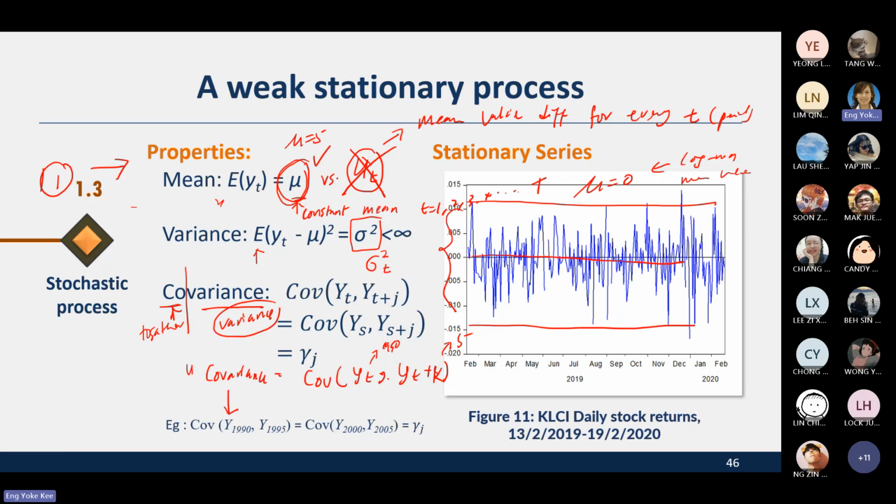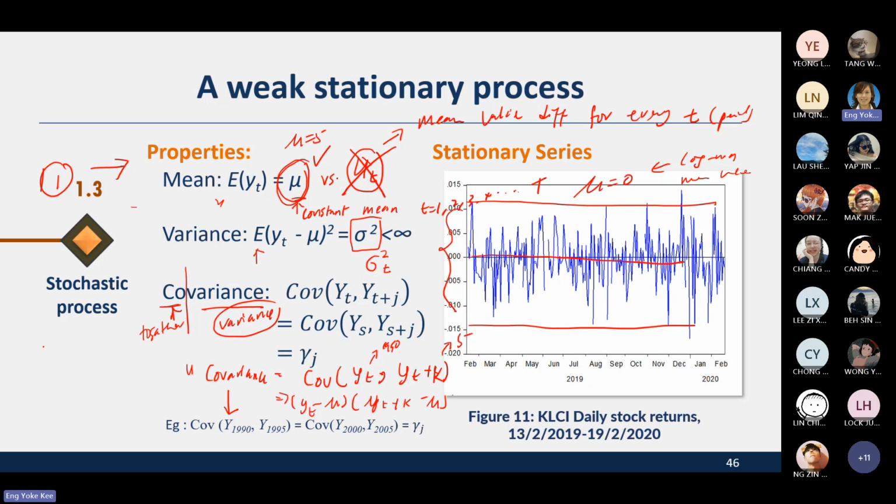Okay, so how do I calculate the covariance? How much your y deviates from the mean value? How much your 5-year-later data deviates from the mean value? So this is what I call covariance.